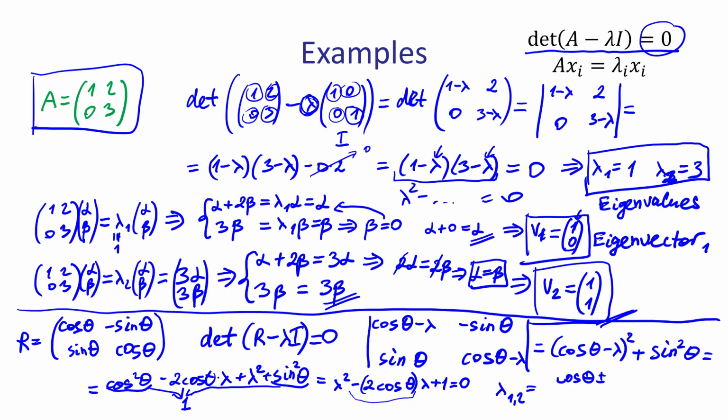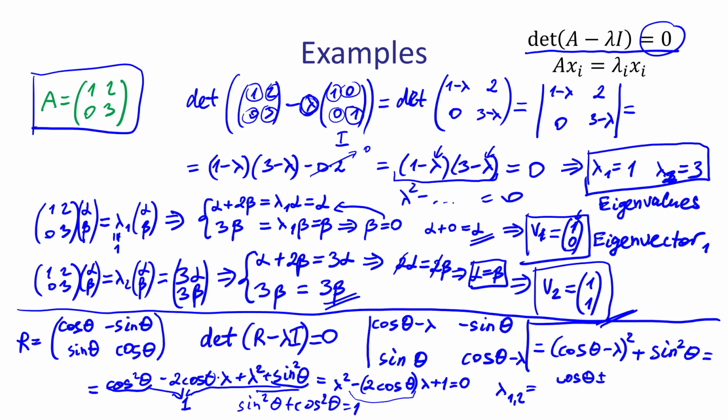cosine squared minus 1. Now pay attention that cosine squared minus 1 is basically, from the same rule like here, that sine squared theta plus cosine squared theta equals 1, then cosine squared minus 1 is basically minus sine squared.